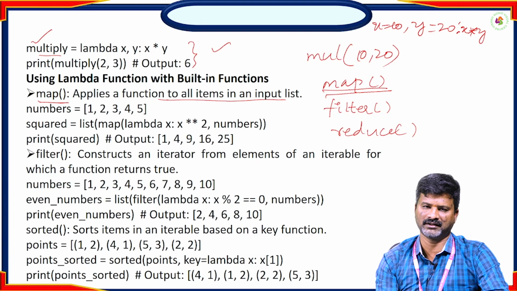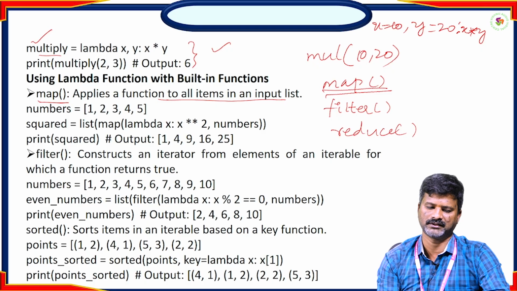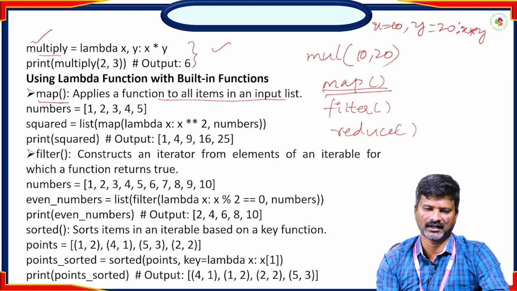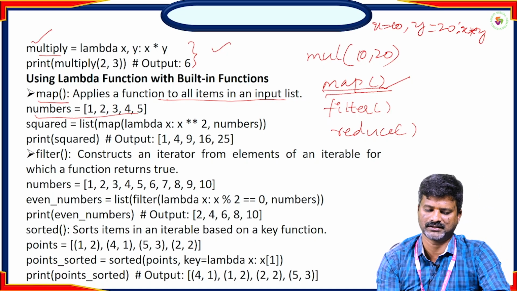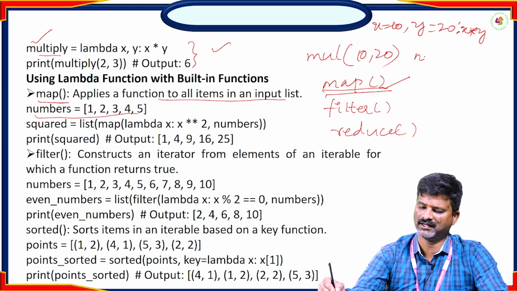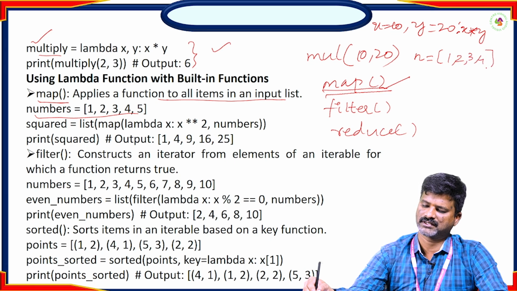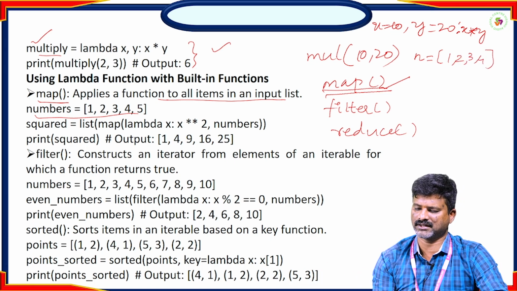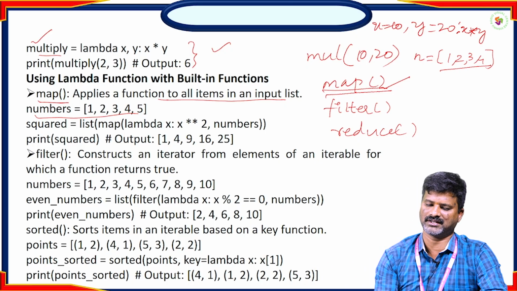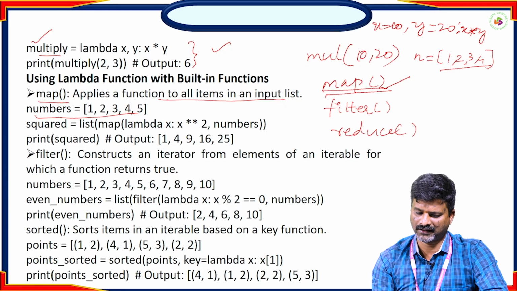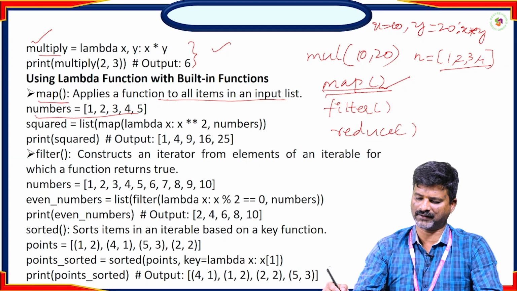On that iterable, if you want to perform some functionality, we use map as a function. Suppose you observe this list: numbers is a list, 1, 2, 3, 4. I want to square each and every element in this list. So how do I use this map function?